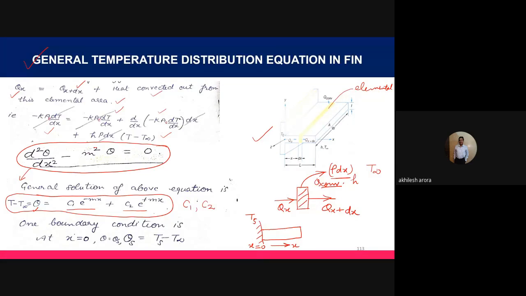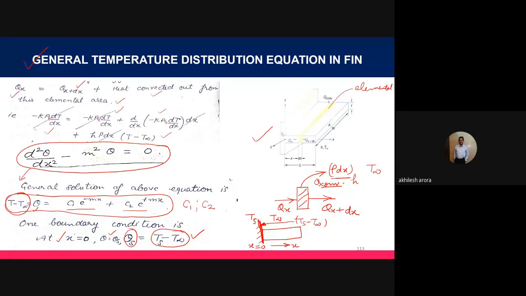Okay, so by applying this boundary condition, we said that at x equal to 0, theta is equal to theta s, because theta is given by T minus T infinity. So if we take this particular location here, then the outside temperature is T infinity. So at x equal to 0, the temperature difference will be equal to Ts minus T infinity, and this Ts minus T infinity is denoted as theta s.